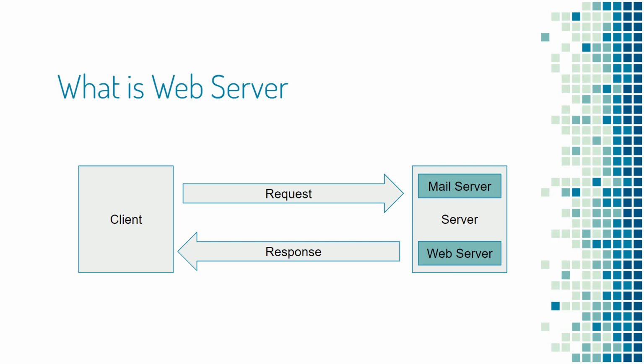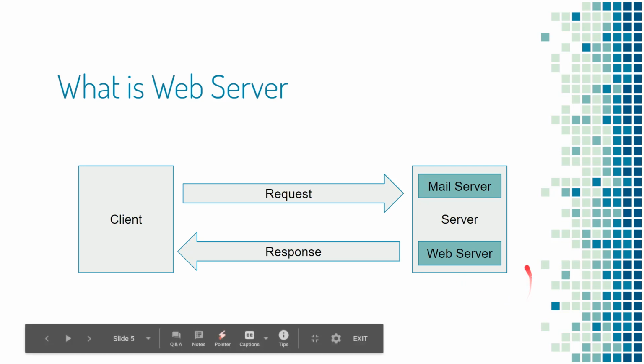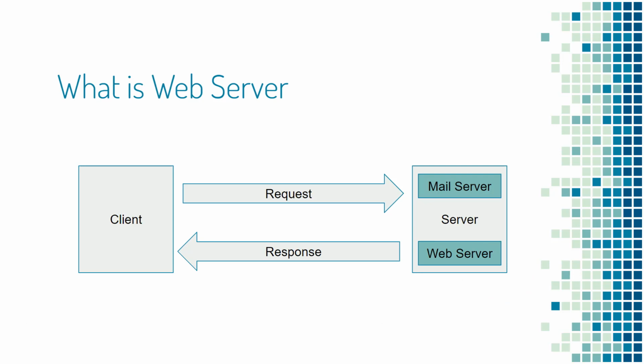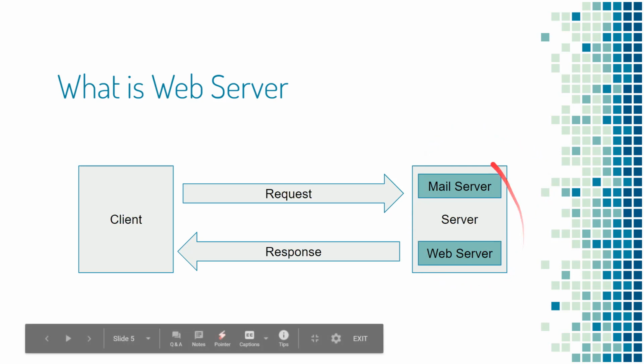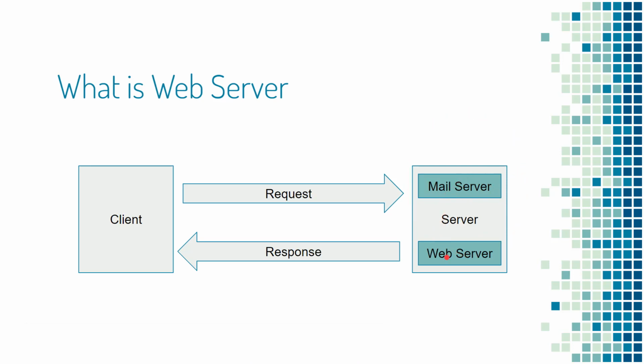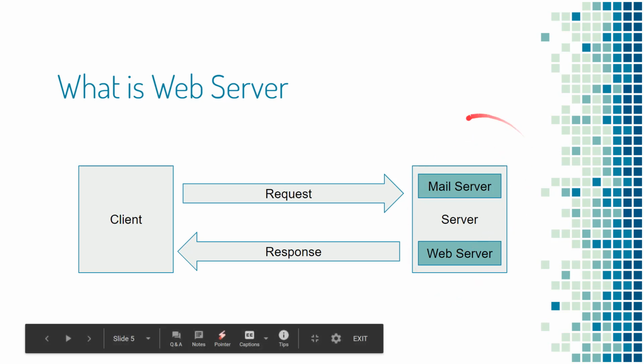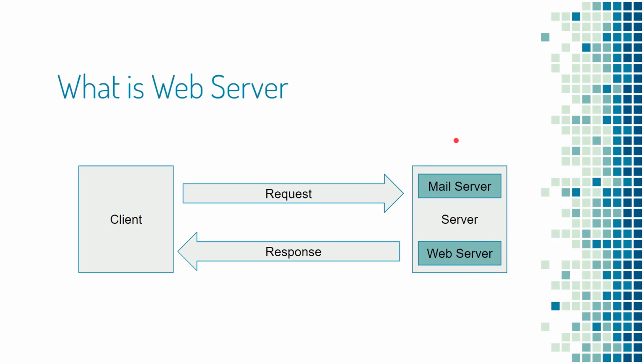In the simplest definition, we can say the web server is just an application that listens to any request coming to this server. When we say server here, whether mail server or web server, I mean the server side.